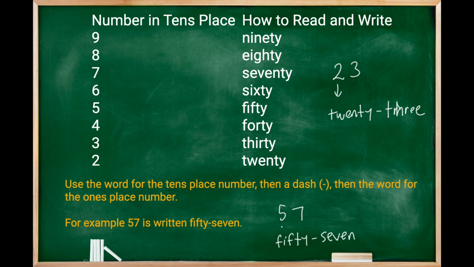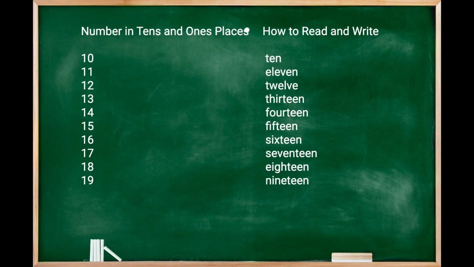So let's look at the tens place. If the tens place number is 1, we have special names when we read them, like 10. 1, 0: we have 1 in the tens place, 0 in the ones place, we call it 10. When the ones place number is 1, the tens place number is 10 again, so it's 11, 12, 13, 14, 15, 16, 17, 18, 19.